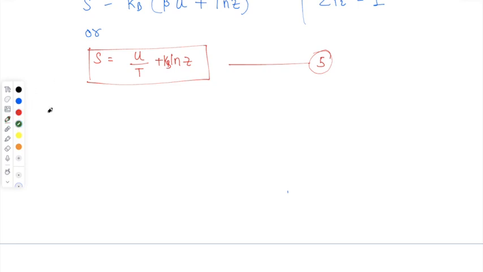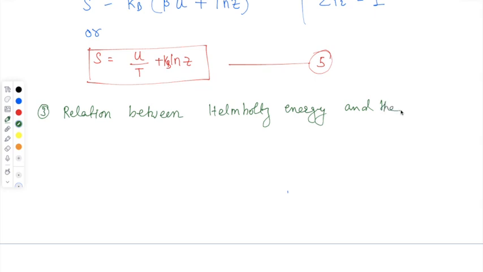Now the next relation is the relation between Helmholtz energy and the partition function. Now Helmholtz energy is given by F, which equals U, the internal energy, minus TS.